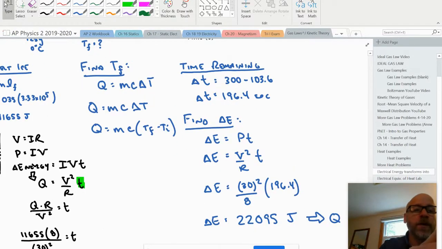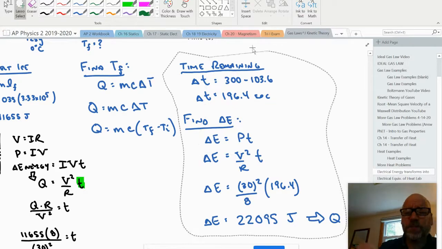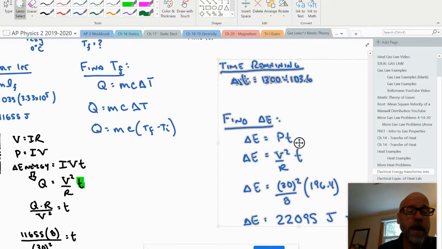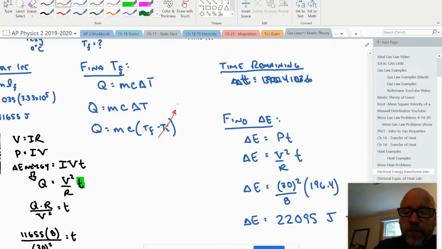Yeah? You okay with that? Yeah, of course you are. It's just a change in temperature. If you're not, don't admit it. You can do that. Now, oh yeah, the temperature initial is 0 degrees Celsius, so that makes things easier.